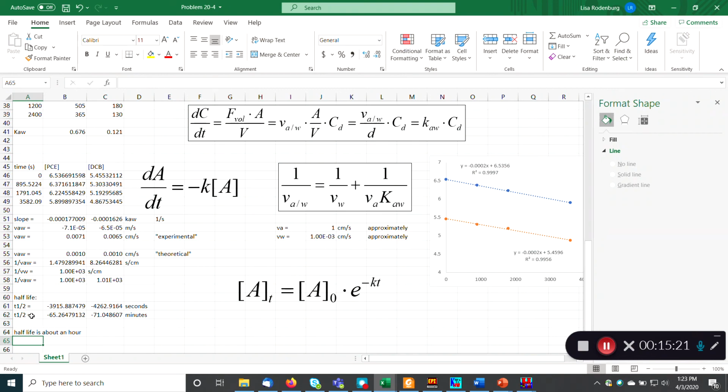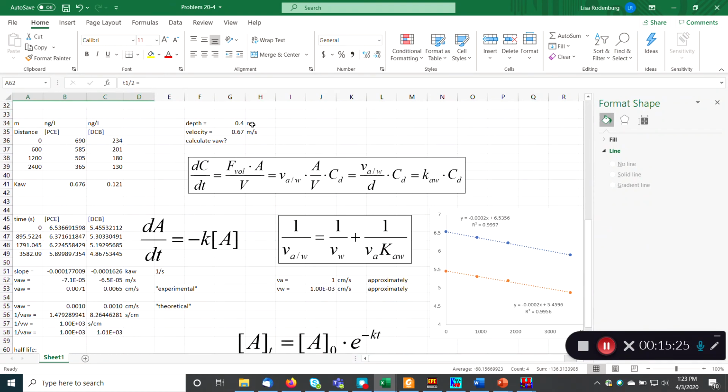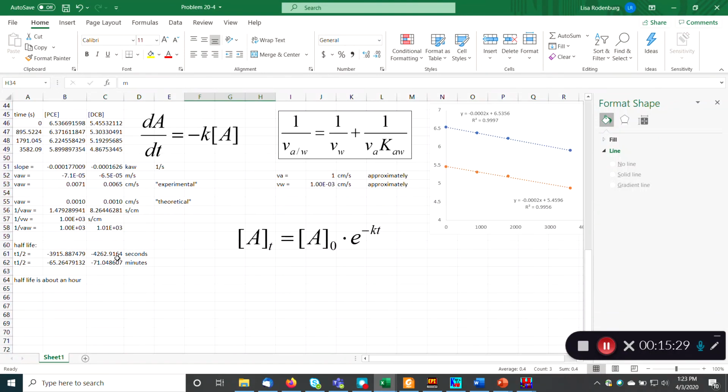Their half-life, and this is with respect to a system where the depth is only 0.4 meters. This is not a very deep system, but in this not very deep system, the half-life is pretty fast. So it gives you an example of how volatilization can be a very, very important loss process for many chemicals in the environment.